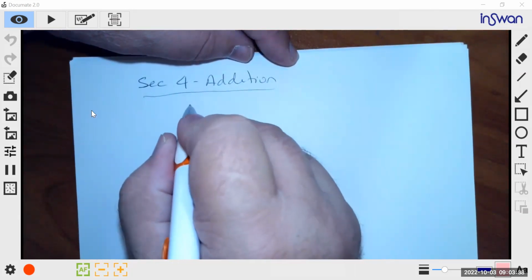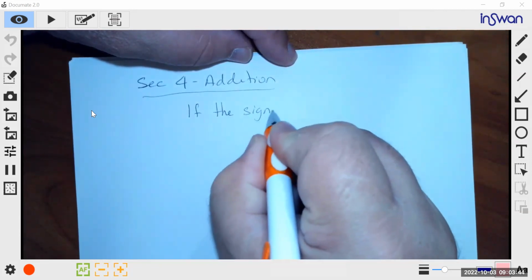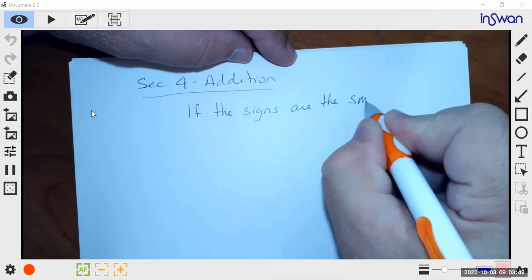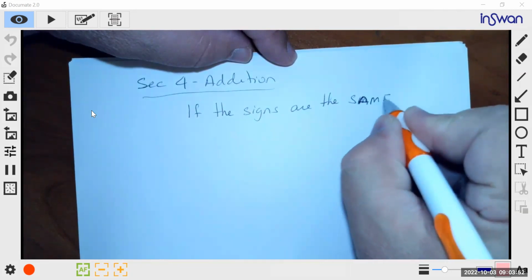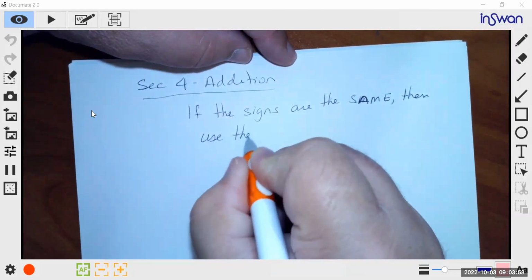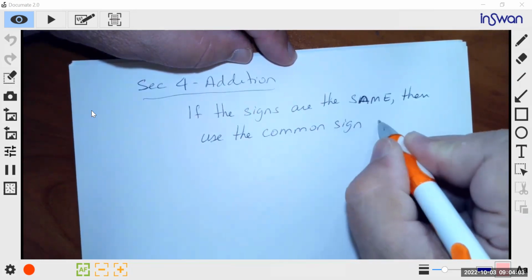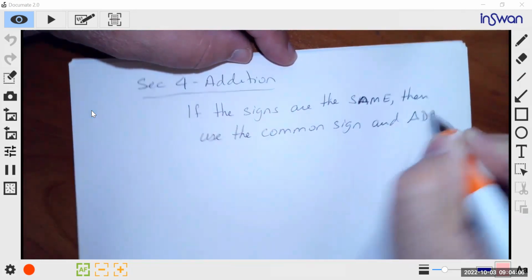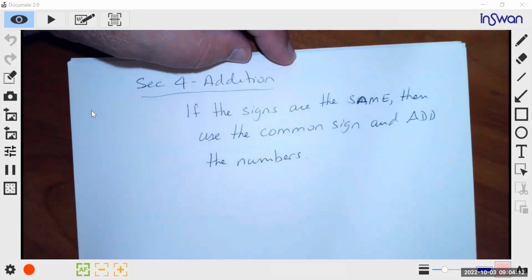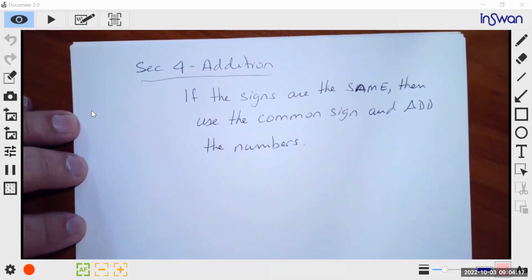The only real rule we have here: if the signs are the same, then use the common sign and add the numbers. That's the only thing we say about addition.